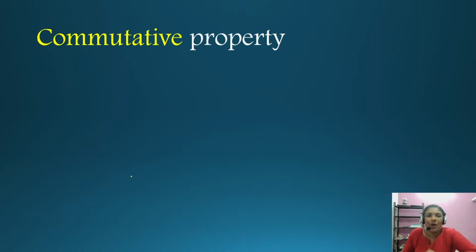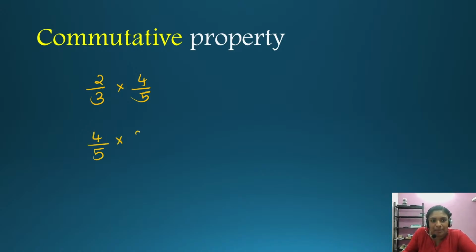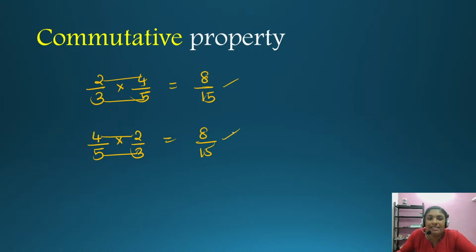Okay. Now let's see multiplication. 2 by 3, then 4 by 5. Then when you exchange the numbers, what will you get? 4 by 5 times 2 by 3. Let's do one by one. 2 fours are 8, 3 fives are 15. Here, 4 twos are 8, 5 threes are 15. See, we got the same product.